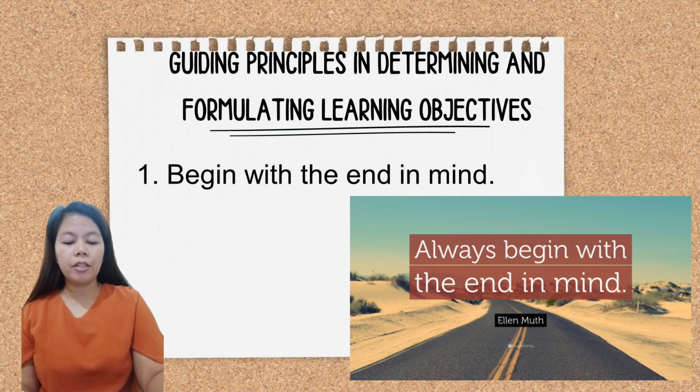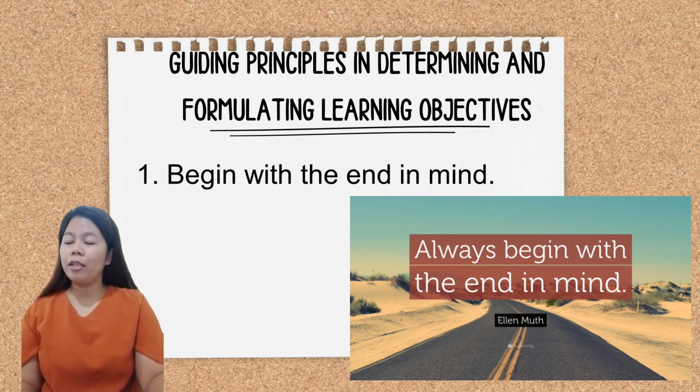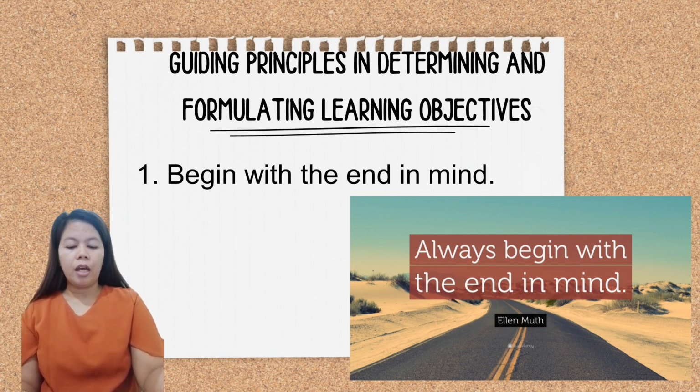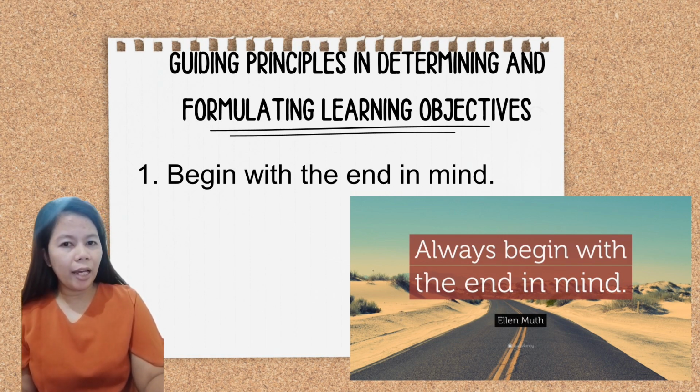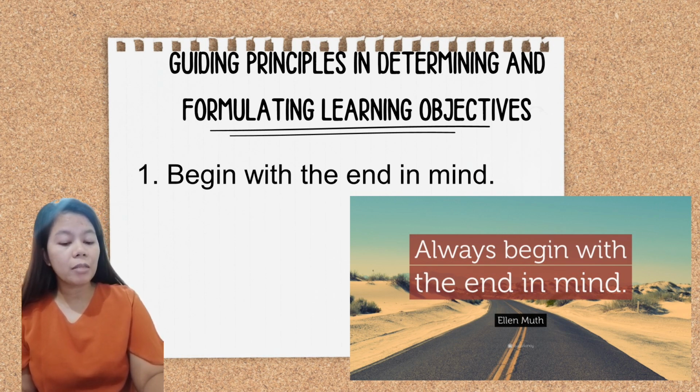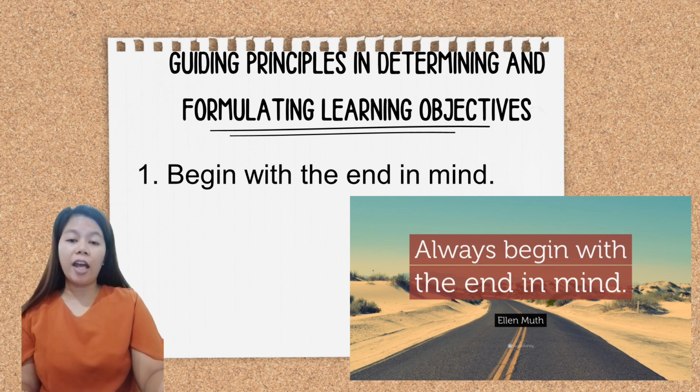Guiding principles in determining and formulating learning objectives start with: begin with the end in mind. Begin with the end in mind, says Covey, the author of The 7 Habits of Highly Effective People. In the context of teaching, this means that we must begin our lesson with a clearly defined lesson objective.